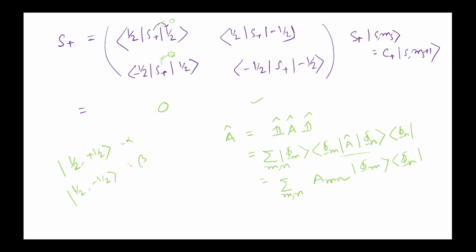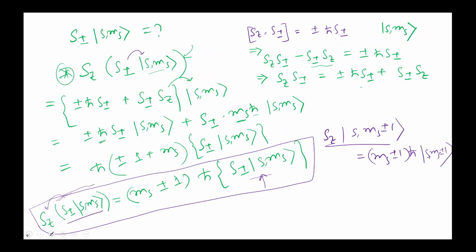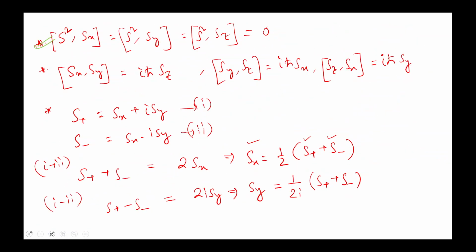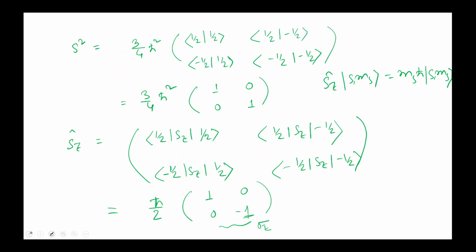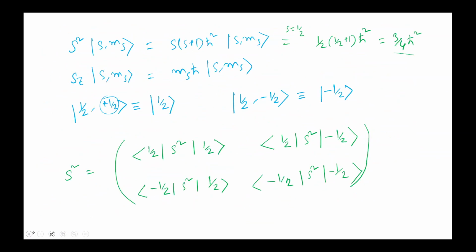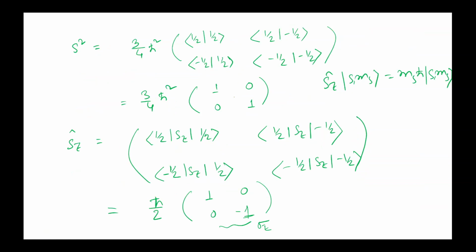So I am representing my s plus or s square or sz operator in it. For your clarity, I have shown this s square operator written in this basis with its matrix elements, so here I found its matrix form.